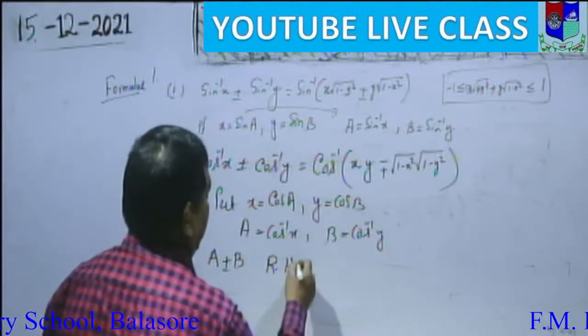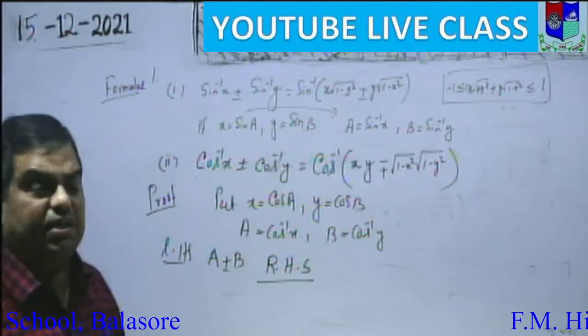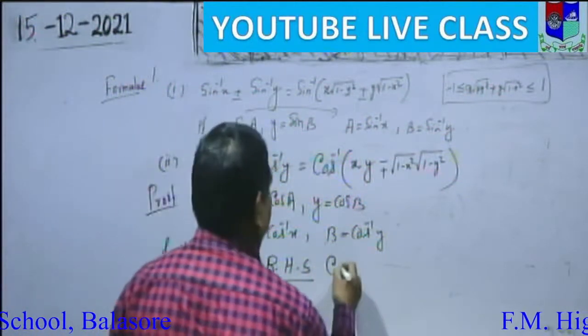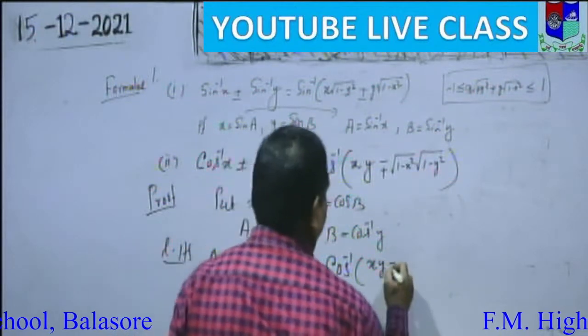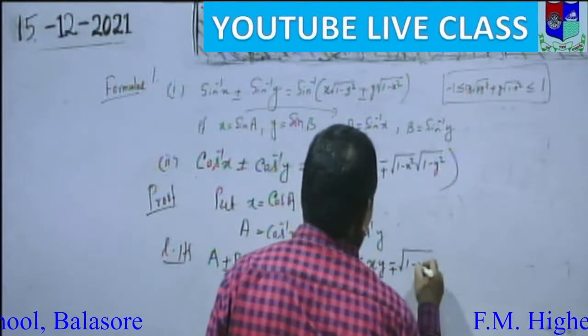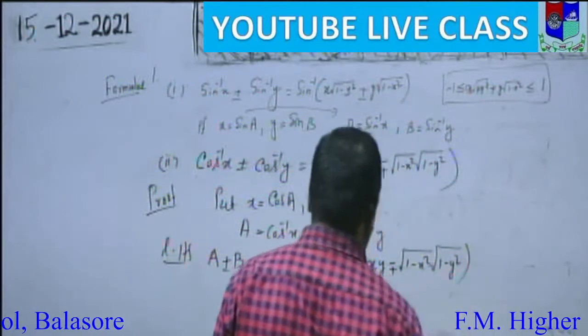Now, right hand side. On the right hand side, cos inverse of x y minus plus the square root of 1 minus x square into 1 minus y square.